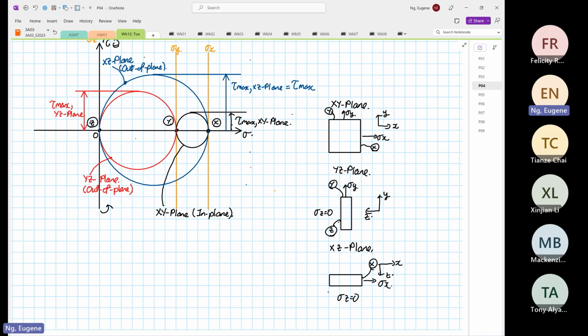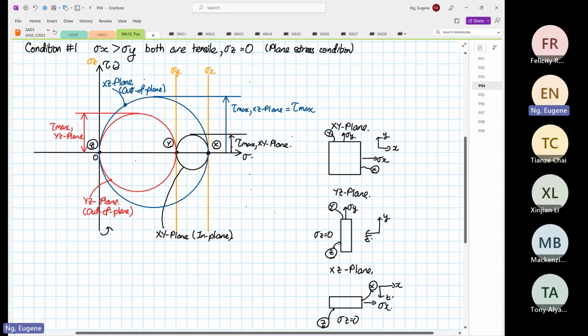This is our point X, this is our point Z, and when we join both of them together, that's where we call XZ plane. And this is how 3D Mohr circle looks like. It's not any more difficult than 2D, isn't it? 2D is the worst. Once you come to 3D, it's not so bad.